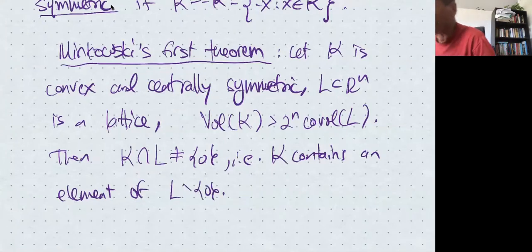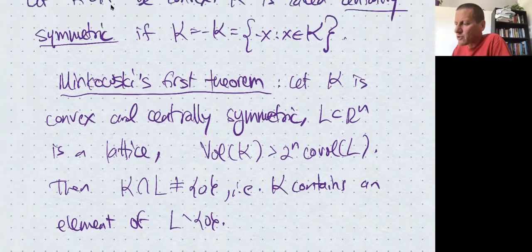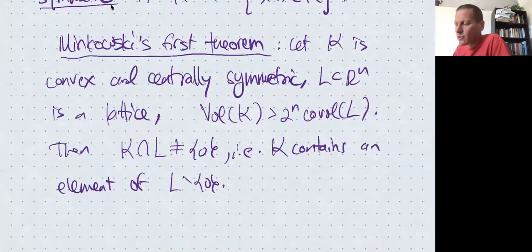So let's just look at this for a few seconds. Every centrally symmetric convex body contains 0. Why does it contain 0? Because if it's non-empty, of course, if it contains one point, it contains minus that point. That's just central symmetry. Then by convexity, it contains 0. Lattices also contain 0.